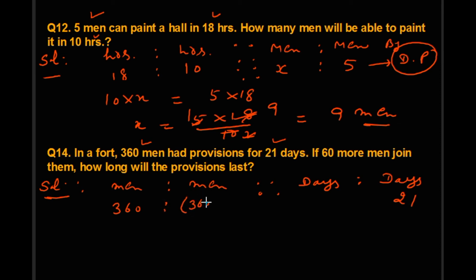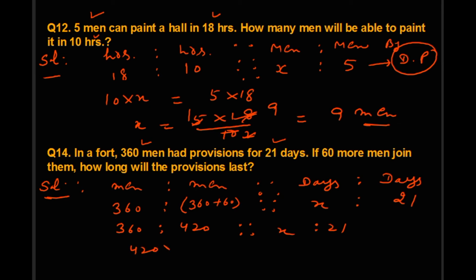Right? Now 360 are joined by 60. So these days we have to calculate. So this will become 360 ratio 360 plus 60, 420, proportional x ratio 21.